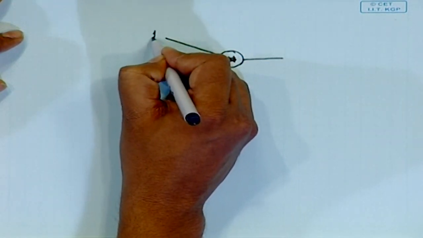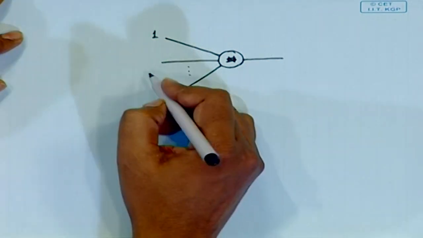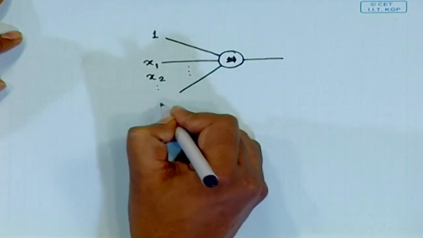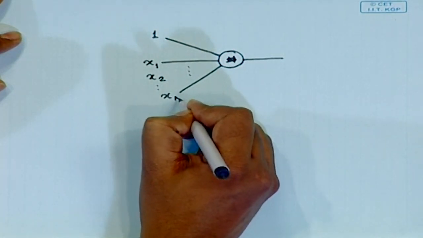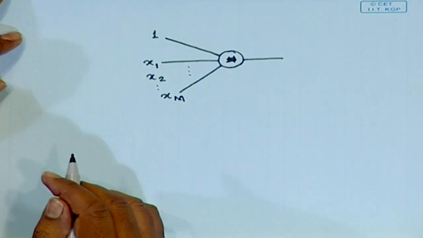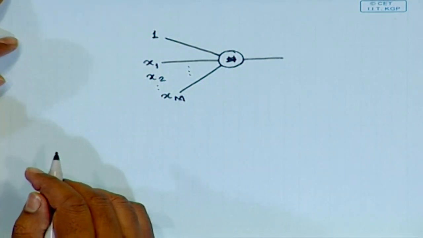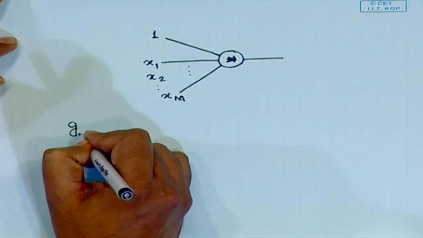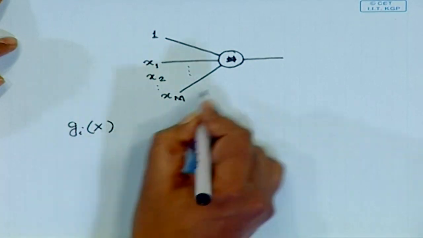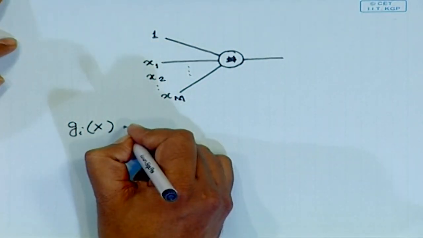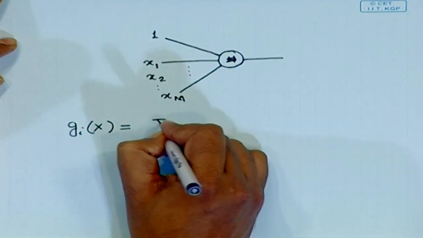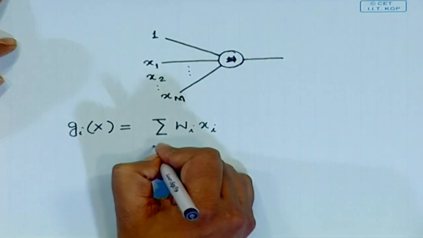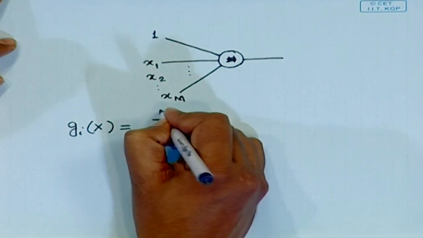If I have a bias, one of the inputs will be equal to 1 and the other inputs will be the different components of the feature vector up to, say, xm. Okay. And here my g(x), what this node computes, is simply the summation of wi xi, i varying from 0 to m.